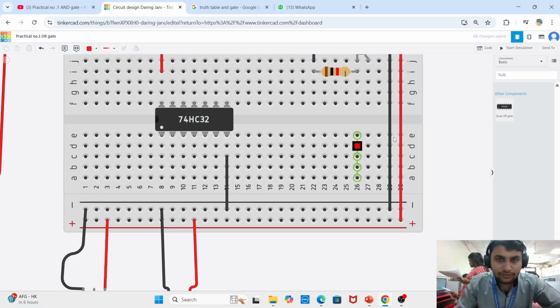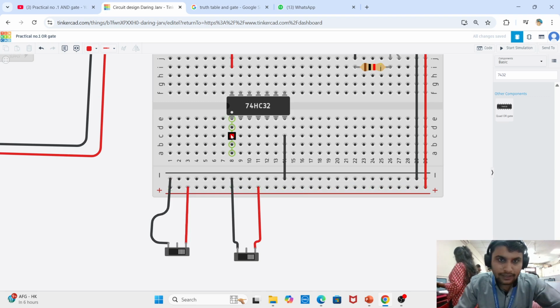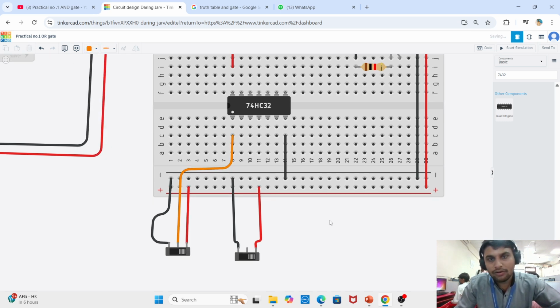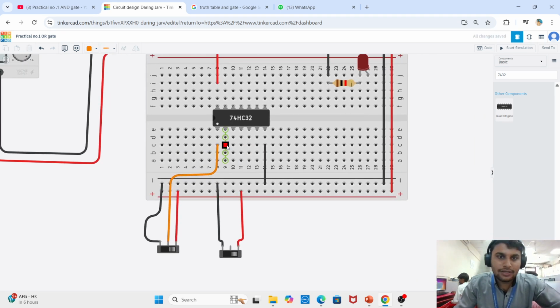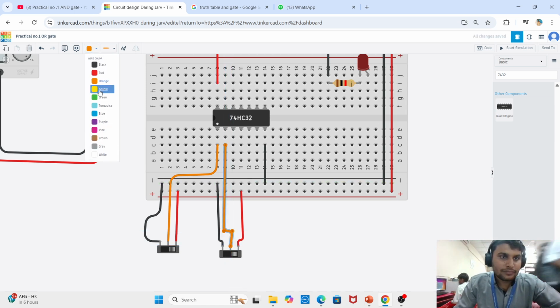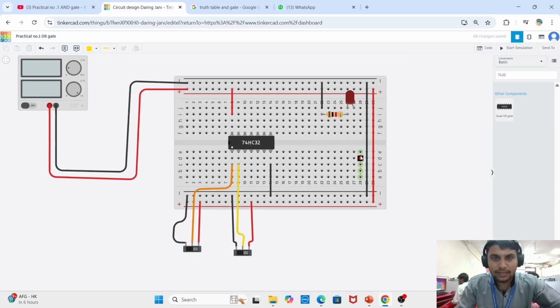That is pin number one, which goes to the common wire. Change the color to orange for pin number two, and from pin number two it goes to the second common wire, which is yellow.